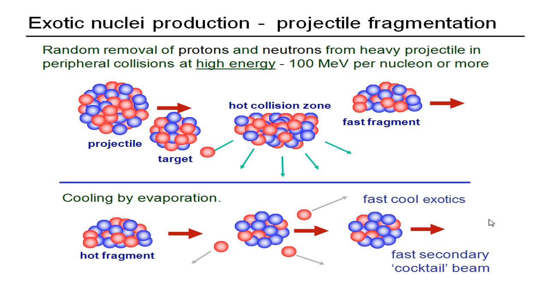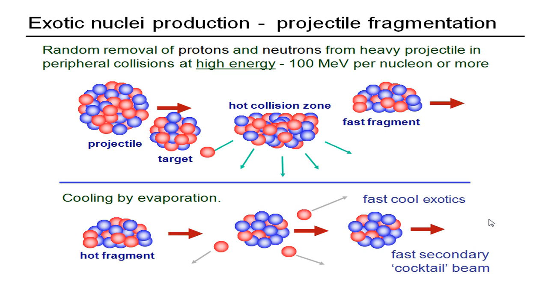So the way such facilities work and the way we end up with these exotic beams, which is what I'm going to be discussing, is really brute force and ignorance. So let me just remind you, the way exotic beams at high energy are produced is you smash something on something else. You get disintegration with the random removal of neutrons and protons, and so we get some object here with an interesting collection of neutrons and protons, not necessarily in the normal ratios for stable nuclei.